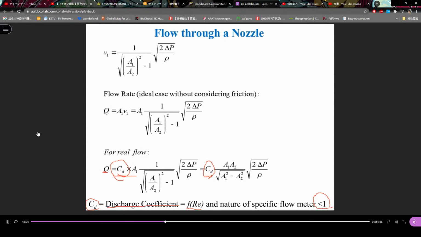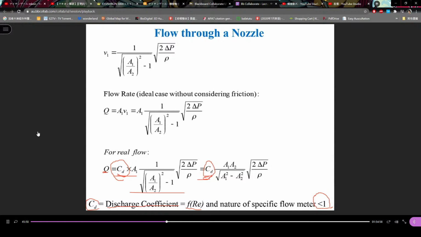Then they compare the two measurement results to find this correction factor. You can call it a correction factor. Then we call it the discharge coefficient, to correct the calculation because of the neglected friction loss.